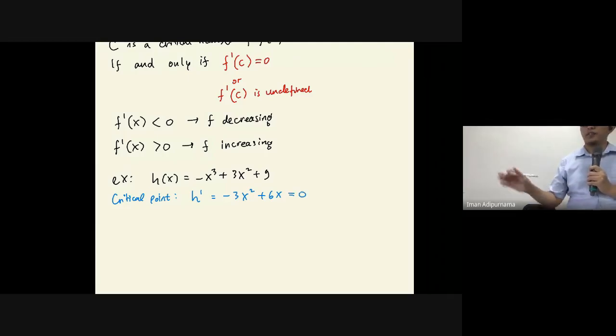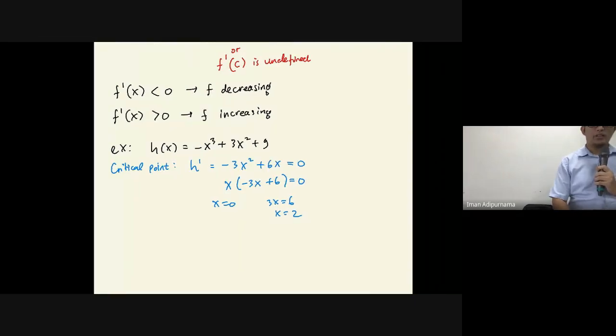We can solve this easily by factorizing the x. So x is 0, and 3x is 6, so x is 2.